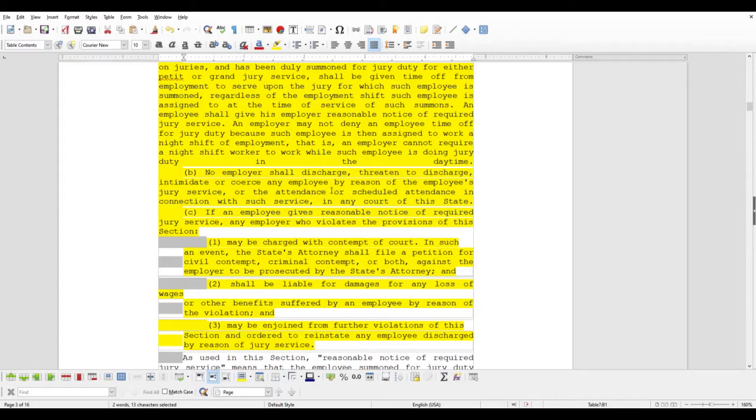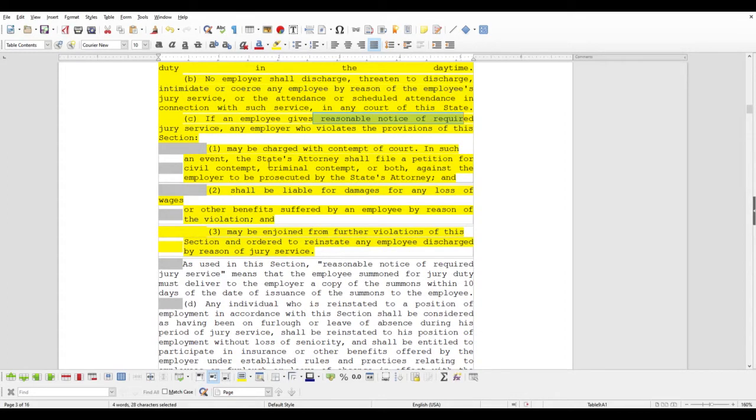So you can't be fired or discharged, or threatened with being fired, if you decide to serve on the jury. And it says you have to give reasonable notice, and as long as you give reasonable notice, you should be protected, right? Reasonable notice in this case is letting them know a day or a day after you receive notice that you have to serve on the jury, right?